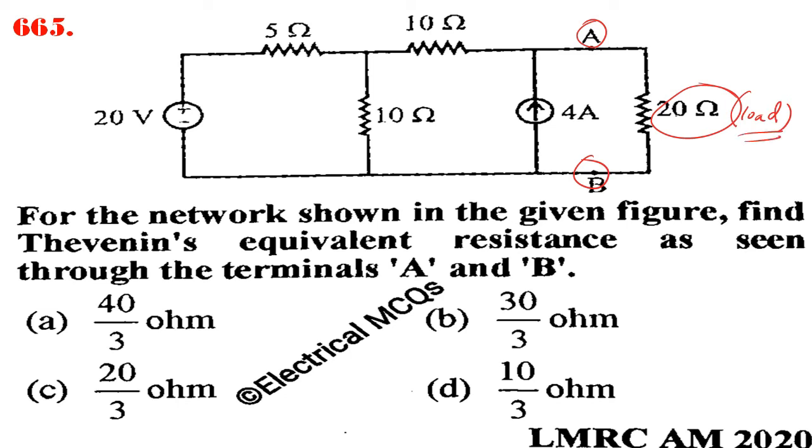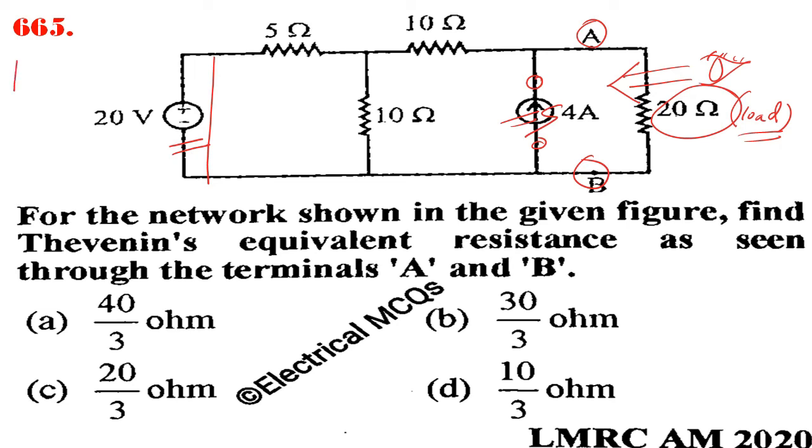We have to take this as load resistance and look back into this network from this point, and find out what is the Thevenin's resistance. Now how to do that? We have to remove all the sources by their internal resistances. Now this is a voltage source, so we have to short it, and this is a current source, so we have to open it.